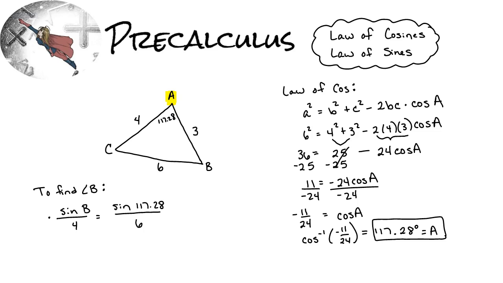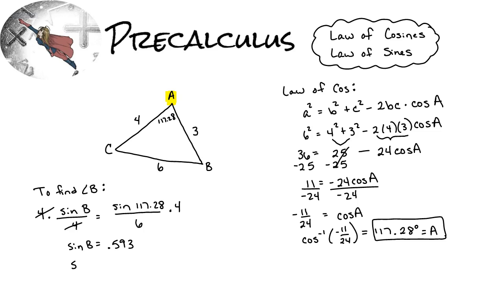I could just multiply both sides by 4, because then sine of B will be alone. So sine of B equals 0.593.